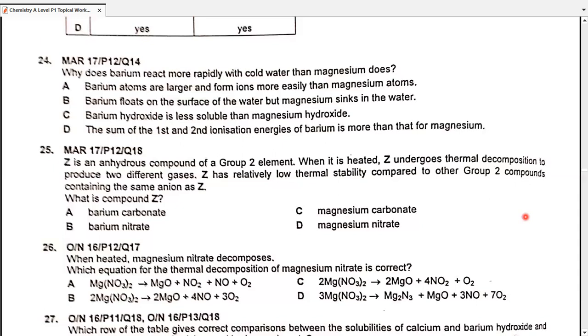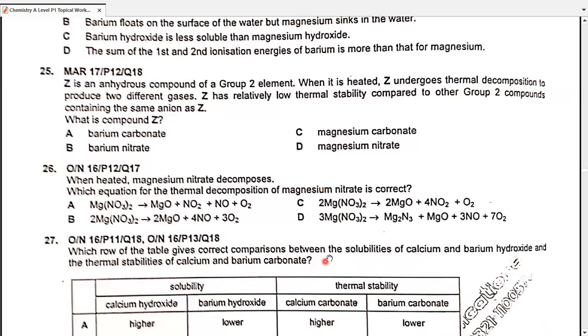Ionization energy decreases down the group, so this is more like A. Yes, A. A is the best possible choice because B is not the cause of it, but the effect of it. C has nothing to do with the question. D is totally wrong because the first and second ionization energies of barium would be less than those of magnesium. So A is the right answer. Okay, 25.